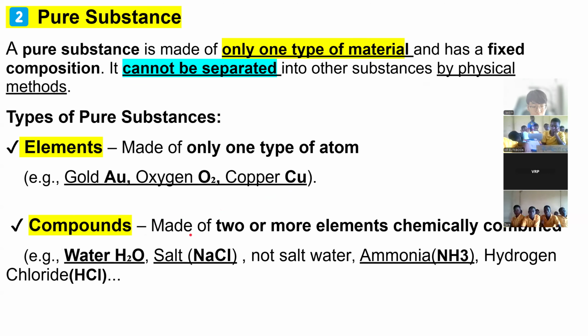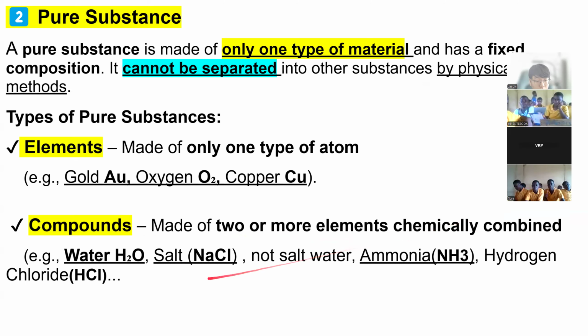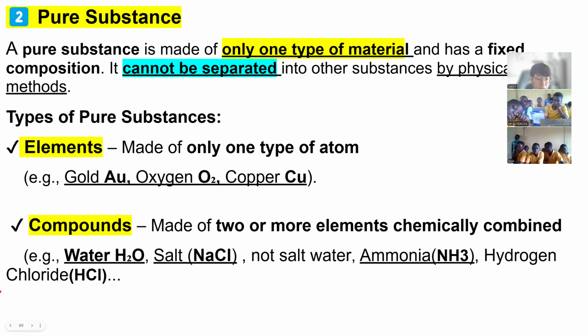Compounds, however, are made up of two or more elements chemically combined, like water, salt, but not salt water, because water and salt cannot be chemically combined together. They can only exist as separate compounds, and that makes it a mixture, not a pure substance. Other examples of pure substance compounds are ammonia, hydrogen chloride, and way more.